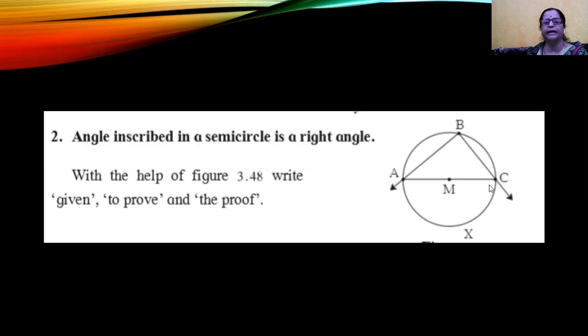You write the given and prove. Here the arc measure is 180, since a half circle measures 180. So half of this arc gives this angle: if it is 180 degrees, then this angle will be 90 degrees. It is a right angle.